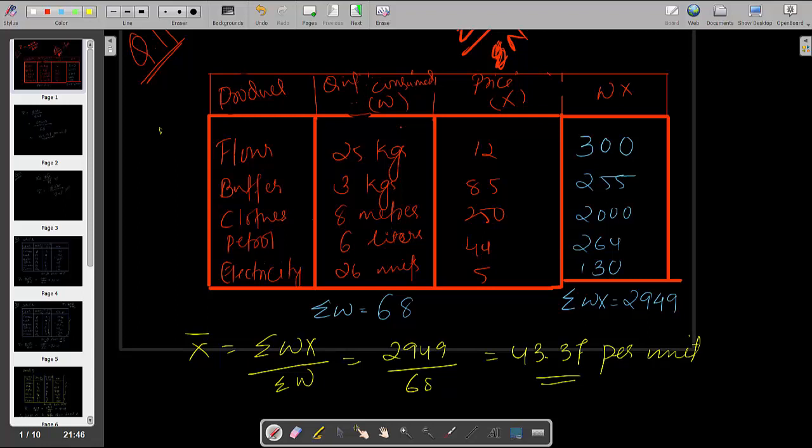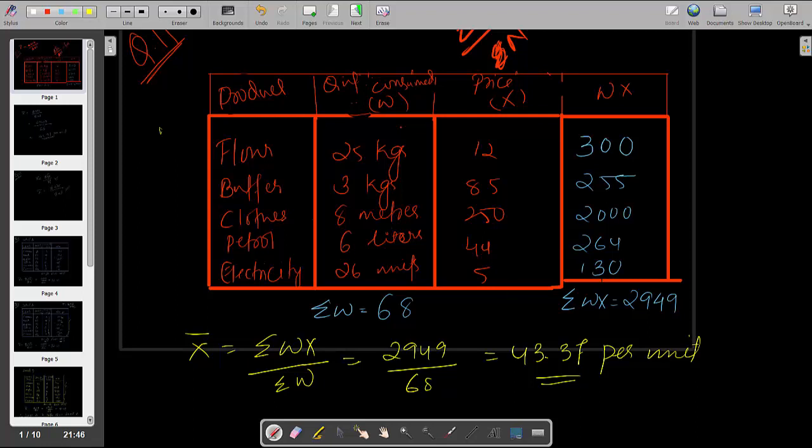All right, so here, don't get confused. The names of the products are given here. The quantity is given here, quantity consumed. The price is given here, Wx. How do we calculate Wx? You have to just multiply this one. 25 into 12, 300, 3 into 85, 255, 8 meter into 250, 2,000 rupees, 6 into 44, 264, 26 into 5, 130.